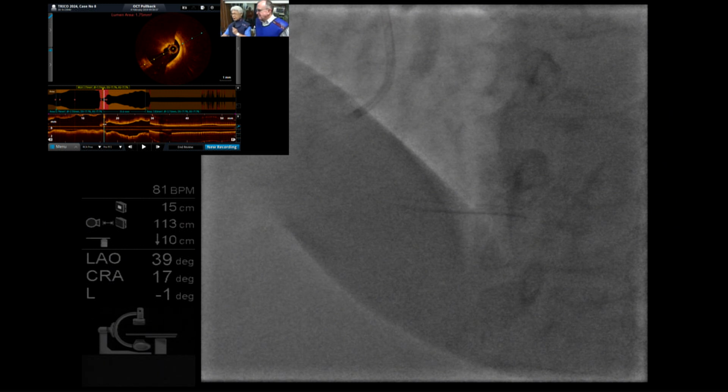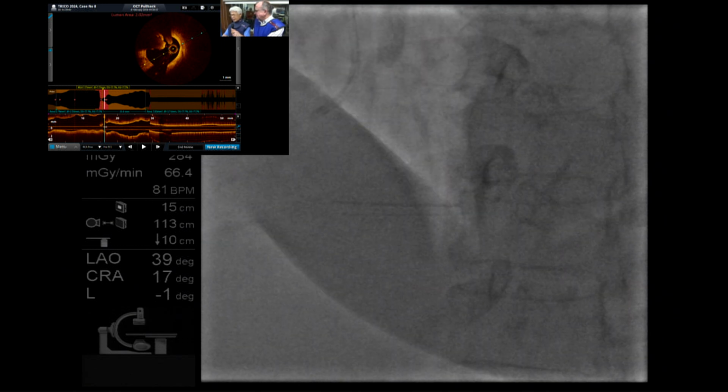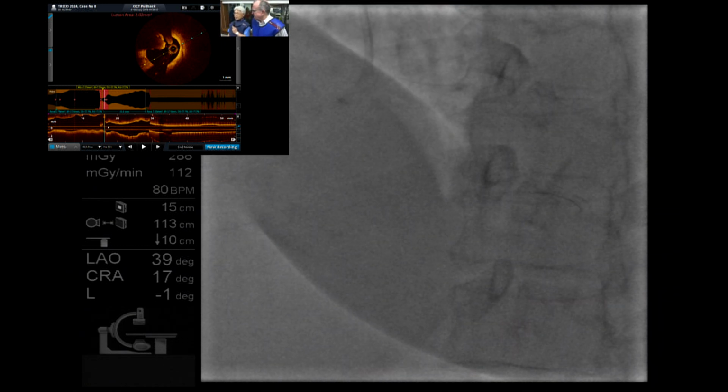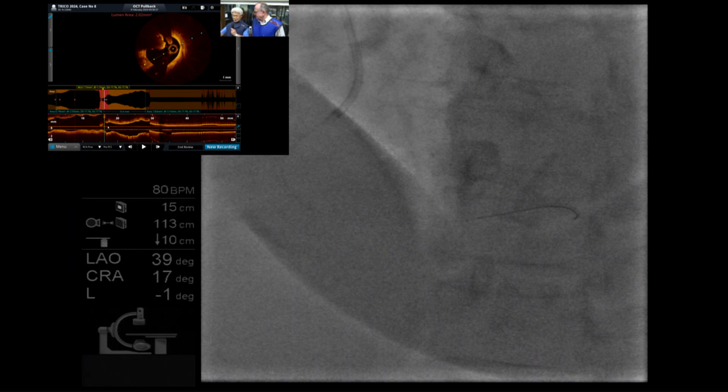Yeah, right. That might be the calcified nodule, right? Dr. Akasaka, can we ask a question? Yeah, I think so. But the protrusion to the lumen side through the stent is a problem of the stenosis.